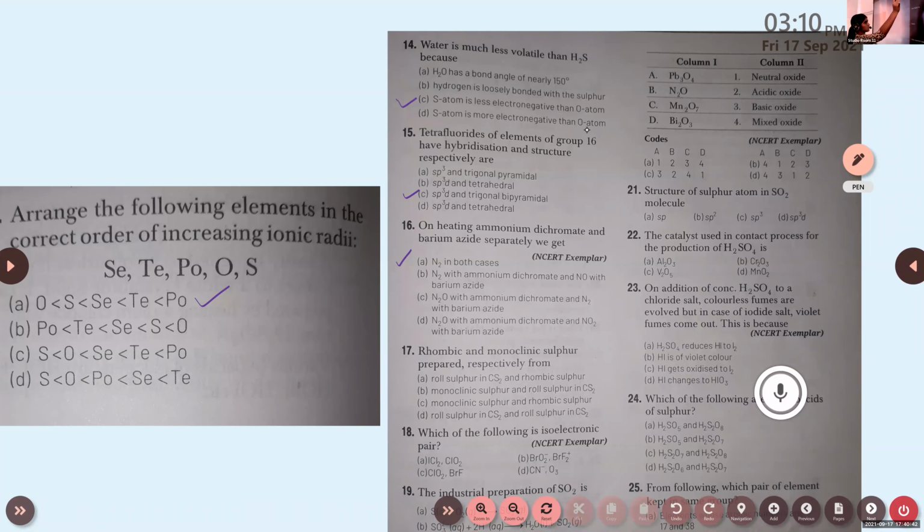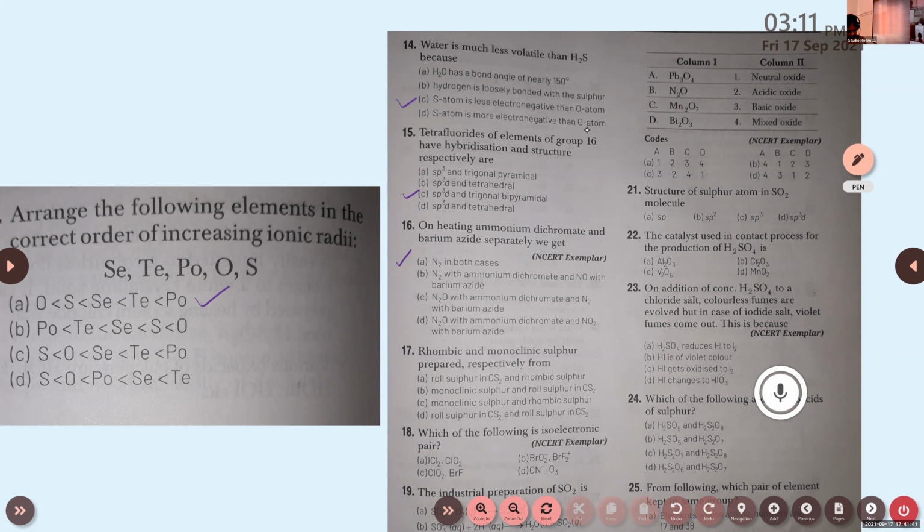Okay, Aditya, can you read question number 17? Rhombic and monoclinic sulfur are prepared respectively from: option A, roll sulfur in CS2 and rhombic sulfur; option B, monoclinic sulfur and roll sulfur in CS2; option C, monoclinic sulfur and rhombic sulfur; option D, roll sulfur in CS2 and roll sulfur in CS2.